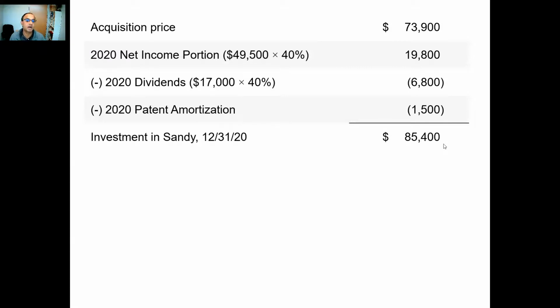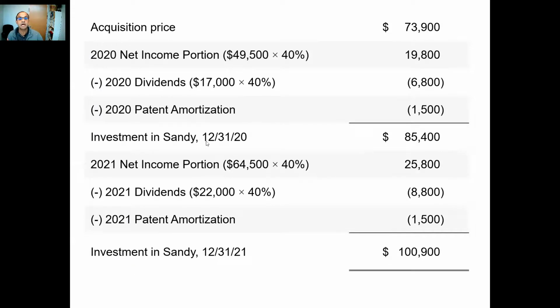And this is the first part of the requirement, by the way. So in this exercise, the scenario looks similar to the prior exercises, but here I don't need to do the journal entries, but I need to do the calculation. In year 2021, I'm going to do the same, but I will start not by the acquisition price, but by the investment that I ended with in 2020.